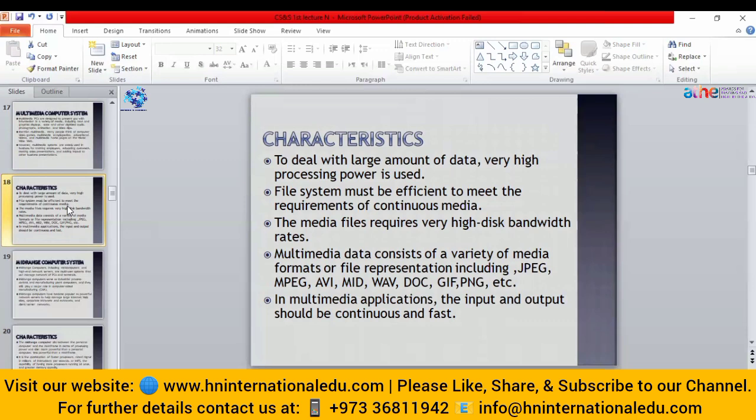Media files require high disk bandwidth rates. Like we need fast communication. Multimedia consists of a variety of media formats for file representation, including JPEG, MPEG, AVI, MIDI, WAV, DOC, GIF, PNG, etc. So these are the different formats that we can use for multimedia. In multimedia applications, the input and output should be continuous and fast.